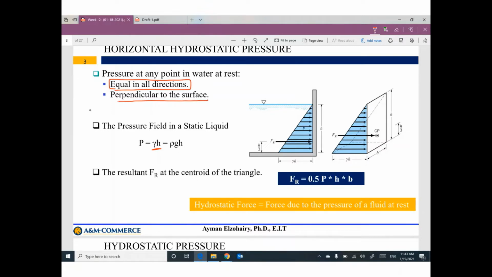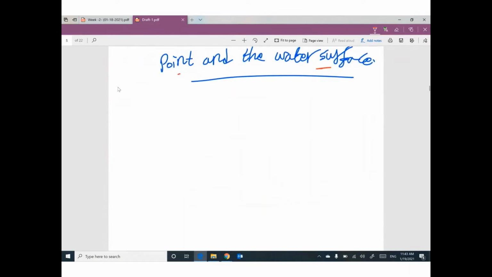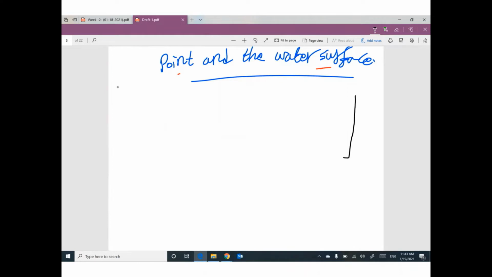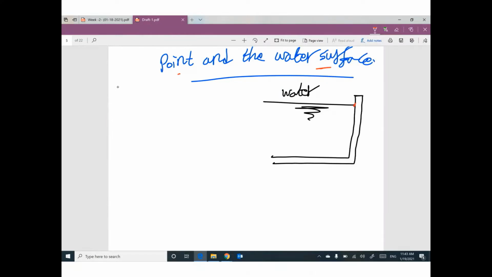The resultant Fr is at the centroid of the triangle. I'm so sorry, what do you mean by triangle? Okay. If you have a container that has liquid, water, and we have two points, a point at this location, point number 1, and another point at this location, point number 2.